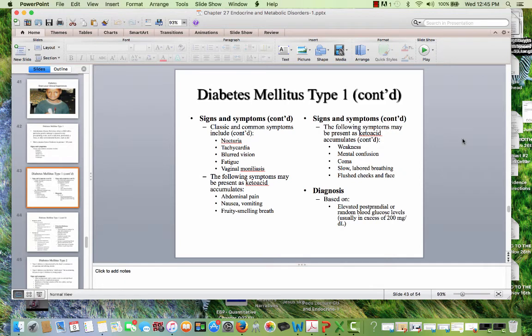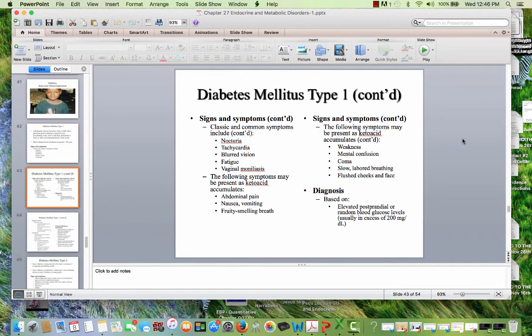So some of the signs and symptoms of diabetes mellitus include classic symptoms like wetting the bed at night, tachycardia, blurred vision, and fatigue. Some of the younger ladies might have vaginal yeast infections.